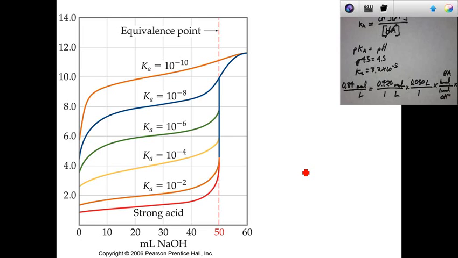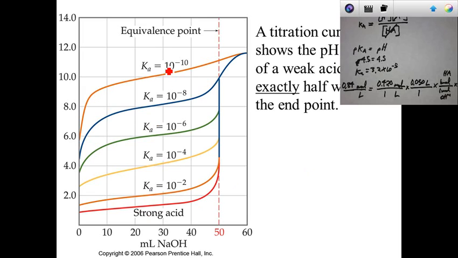What we can see here is a variety of acids being shown, a strong acid on the bottom, then a weak acid with a pretty high Ka, and a weaker acid with a lower Ka, etc. What we're certain of is that a titration curve shows the pH of a weak acid halfway to the end point. If the end point of all of these is at 50, that means halfway to the end point is at 25. And look what we see.